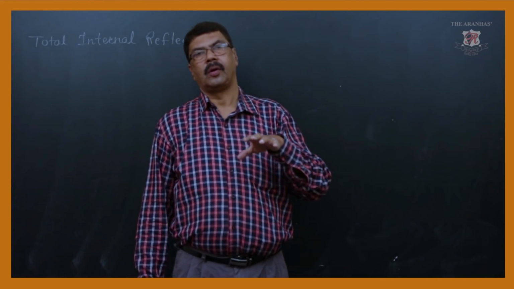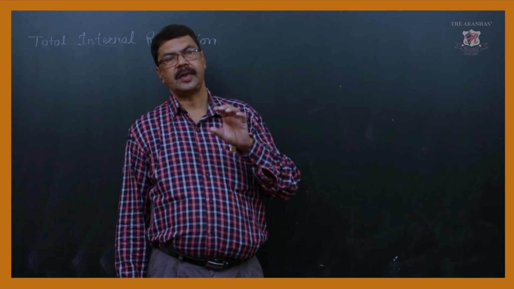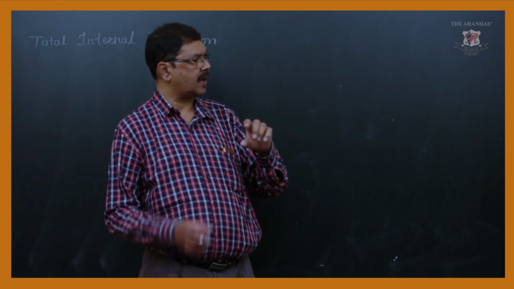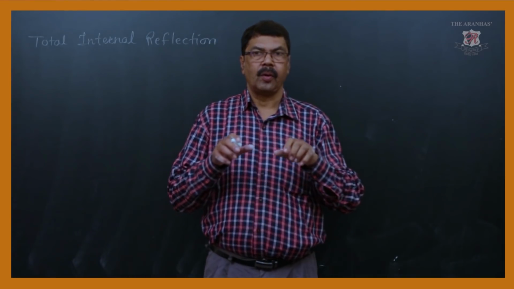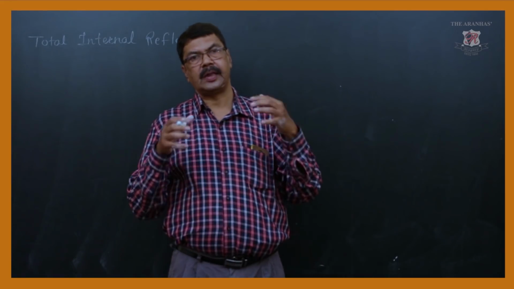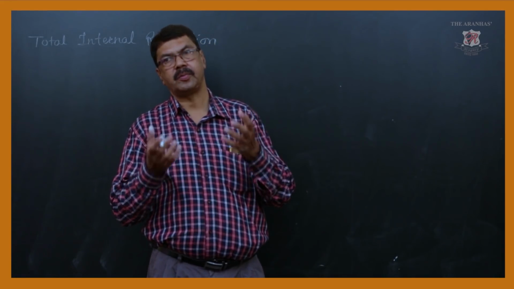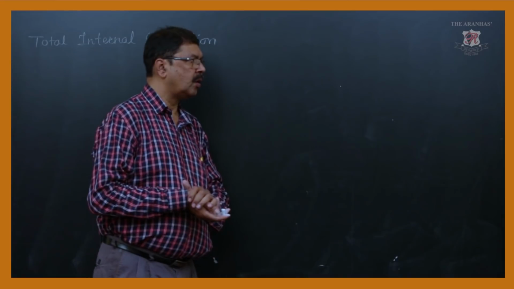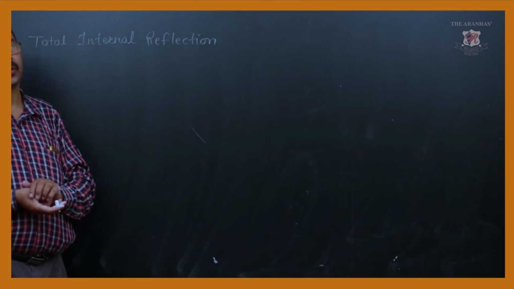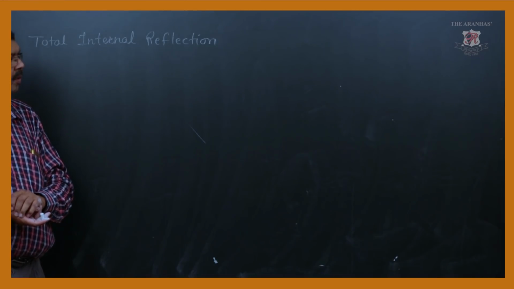So, in order to see above the sea level, there is one Z kind of tube, Z-shaped tube, which emerges out of water, and even if you are within the submarine, you can observe the things above. All these optical instruments use total internal reflection.